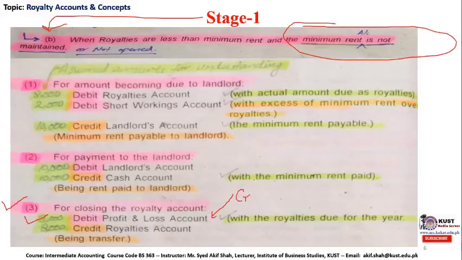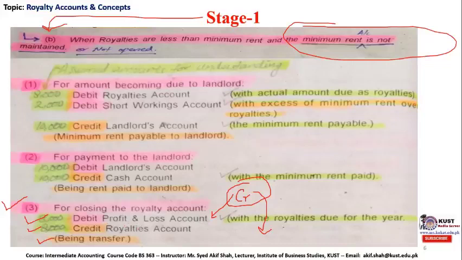In order to decrease this credit balance, because we have paid the royalty, which is an expense of the lessee, it will reduce the overall profit of the company. This is the reason we have debited the profit and loss account, and the royalty account will be credited. Then we can give a short narration, and we mention 8,000 and 8,000.